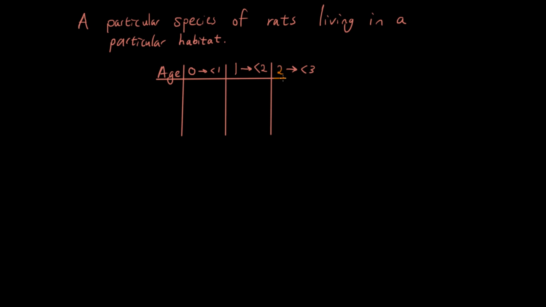Let's assume that there are no rats 3 years old or beyond. They're either 0 to 1, 1 to 2, 2 to 3, and no one beyond 3.